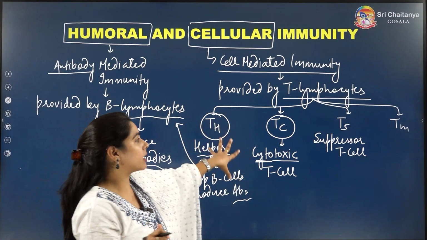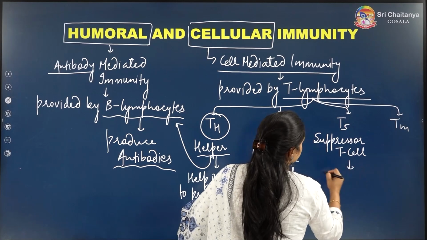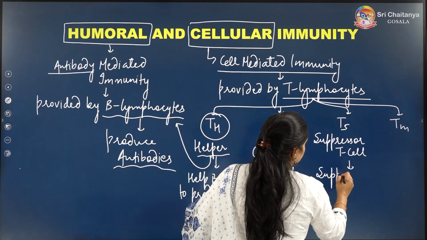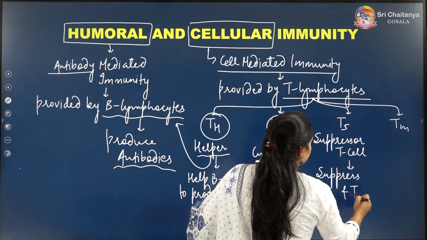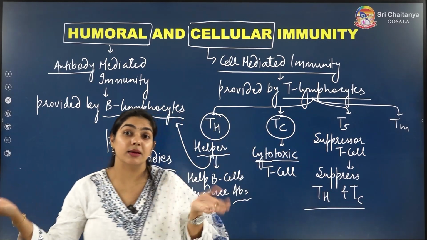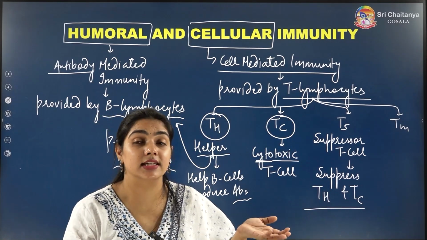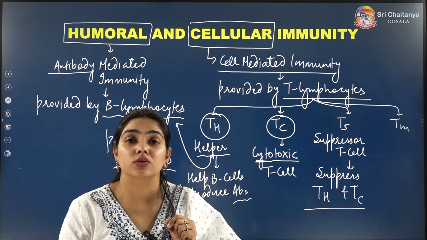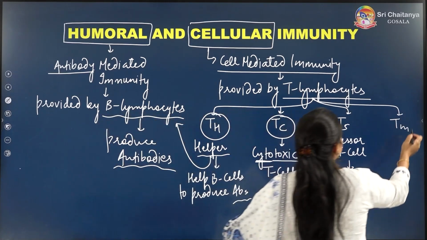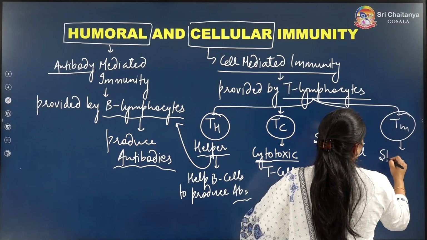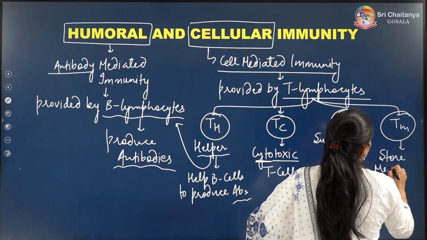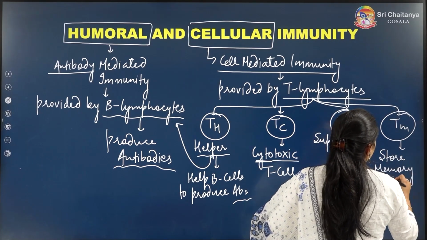So they are going to suppress TH cells, TC cells and TM cells. T memory cells are going to store the memory of the pathogen. That is a very easy function. So they are going to store memory of pathogen or antigen.